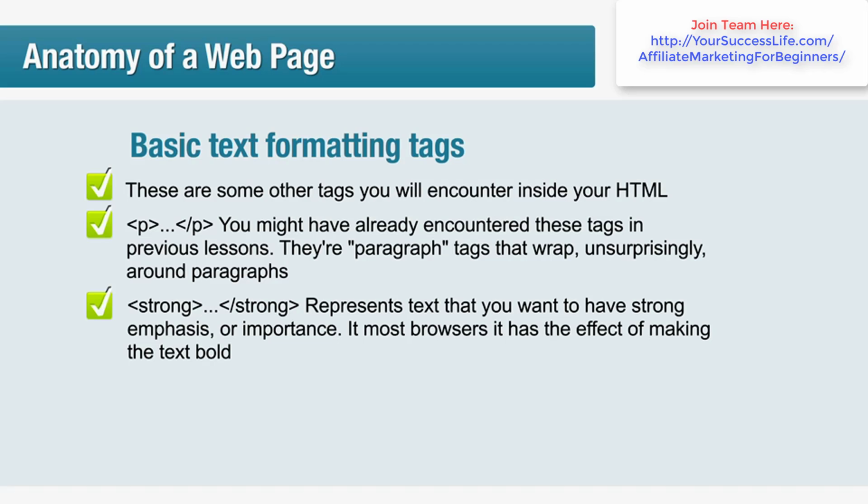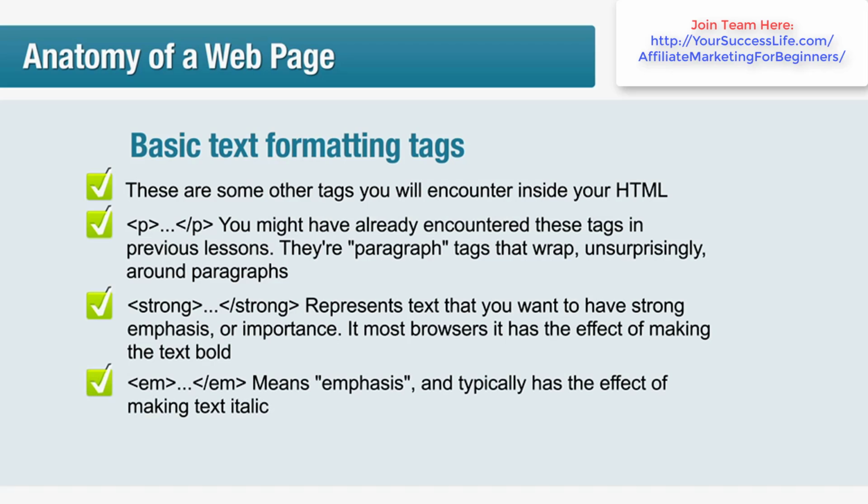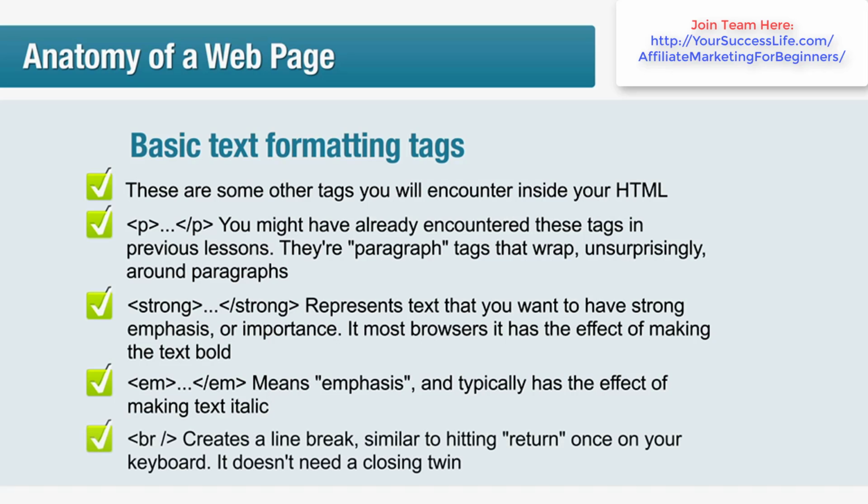In most browsers, it has the effect of making the text bold. EM means emphasis, and typically has the effect of making text italic. And BR, or break, creates a line break, similar to hitting return once on your keyboard. It doesn't need a closing twin.